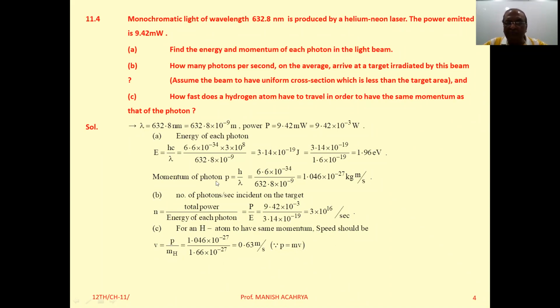The momentum of a photon we already calculated here, 1.046 into 10 raised to minus 27. Substitute this value of the momentum here, and the mass of hydrogen, that is of proton, is 1.66 into 10 raised to minus 27. Solve it, you will get the answer 0.63 meter per second. Clear to all of you?